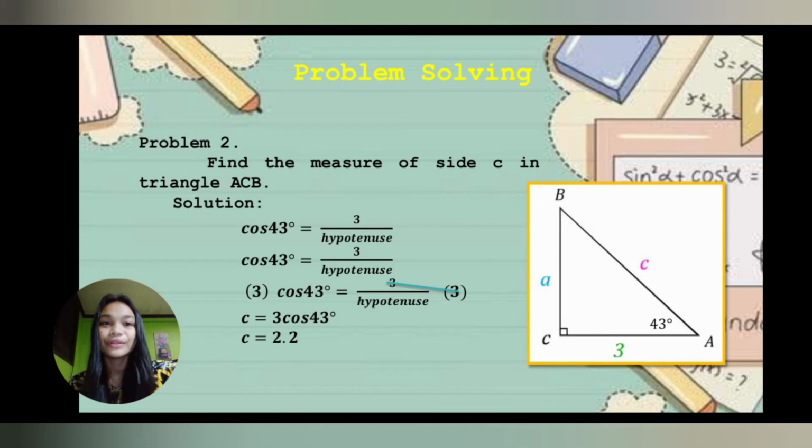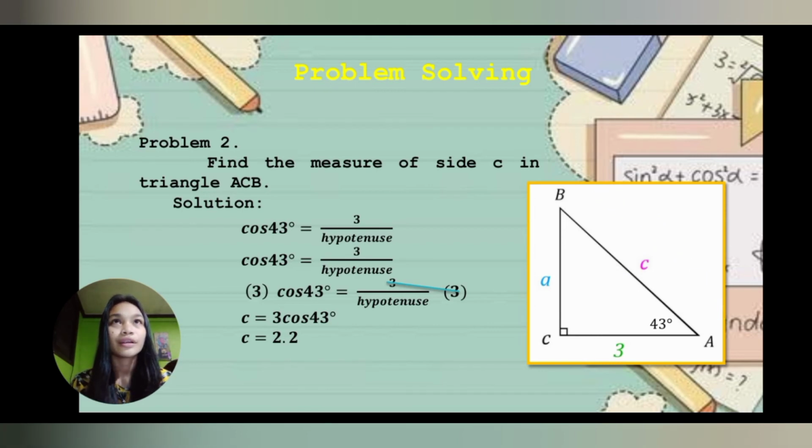Okay, next example, we have to find the measure of side C in the triangle ABC. I didn't put the measure of angle A, because it is easier to find the measures of the sides of the triangle. So the next thing we need to do is find the measure of side C. The formula that can be used is adjacent divided by hypotenuse, because this is our hypotenuse.